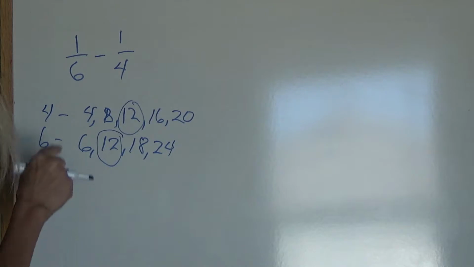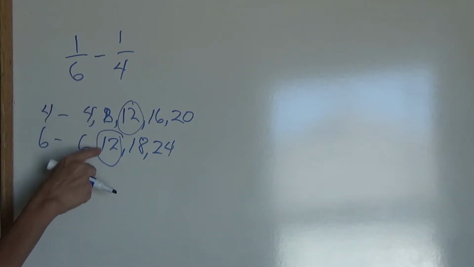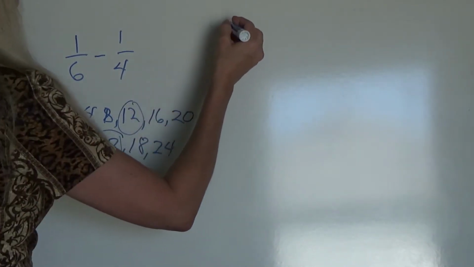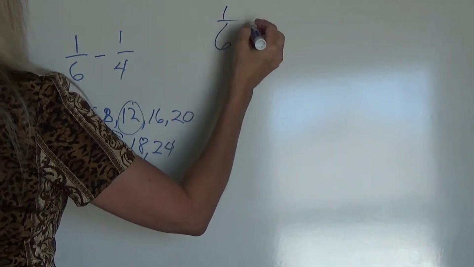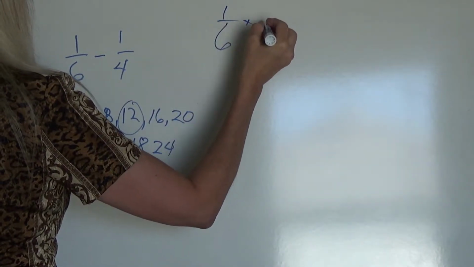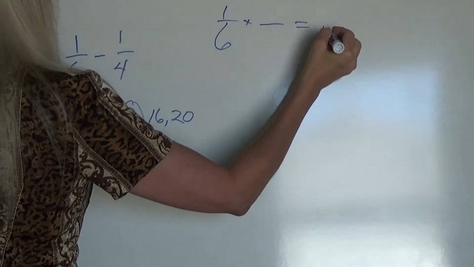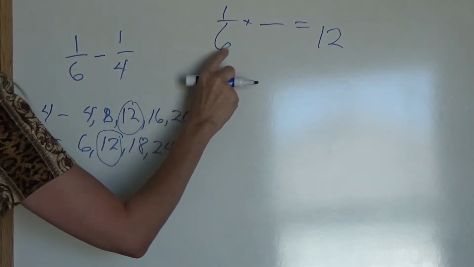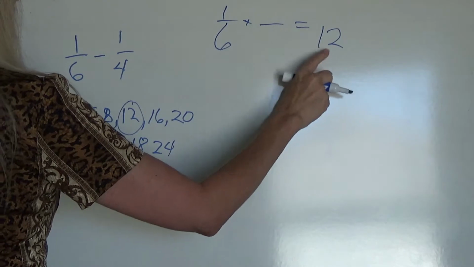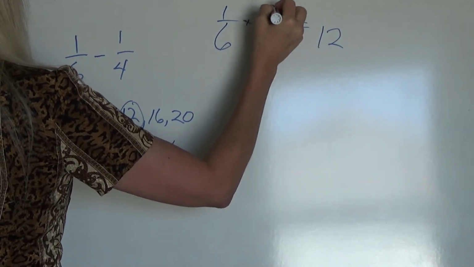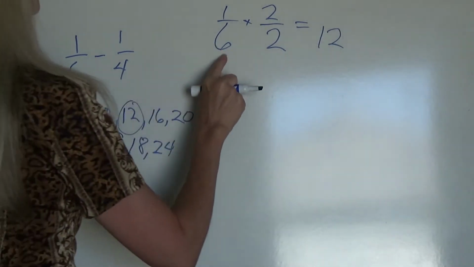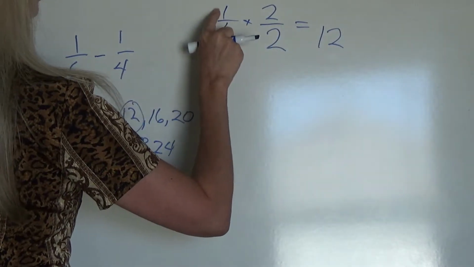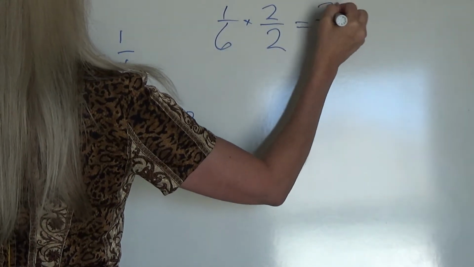So, let's see. To change 6 to 12, I'm going to use my number 1 tool on what setting? In order for 6 to change to 12, 6 goes into 12 2 times. So I'm using my number 1 tool on the 2 setting, which will change my 6 to 12, and I'll change my 1 to a 2.